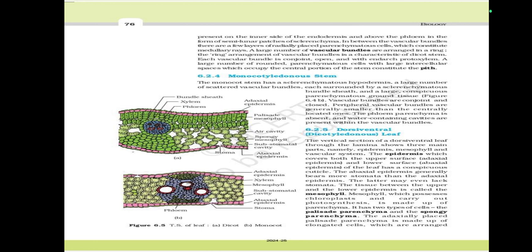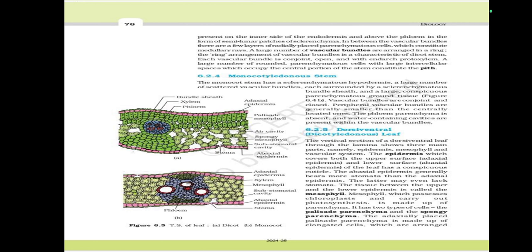Monocotyledonous stem. Monocot stem has a sclerenchymatous hypodermis, a large number of scattered vascular bundles, each surrounded by a sclerenchymatous bundle sheath, and a large conspicuous parenchymatous ground tissue, which is located in figure 6.4b.